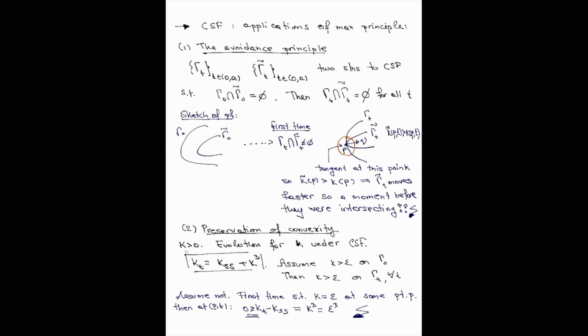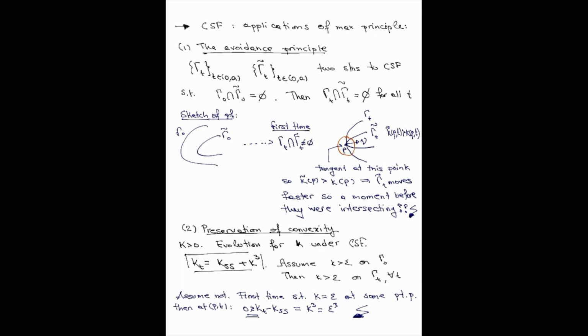For simplicity, let's take a compact curve. So we can say that kappa is bigger than epsilon on the initial curve. And we're going to show that kappa is also bigger than epsilon for all times afterwards. So assume not, and take the first time where kappa is equal to epsilon at some point p.